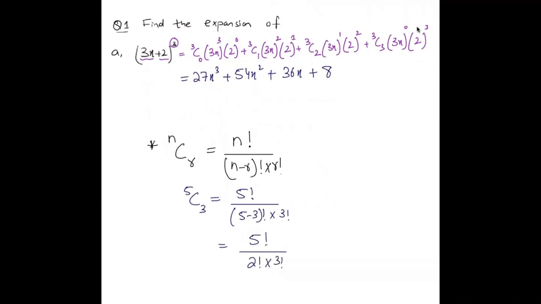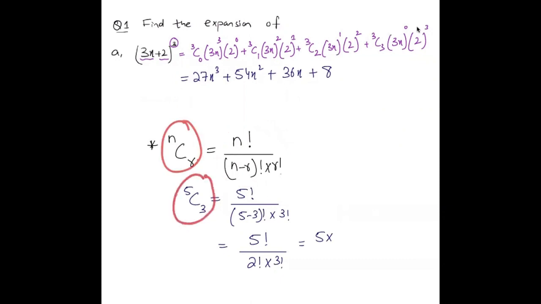Is everyone with me till this step? Yes, sir. Okay, now what was the meaning of 5 factorial? Is this a formula to solve the whole thing? No, this is the formula to calculate just any expression in the form of NCR.